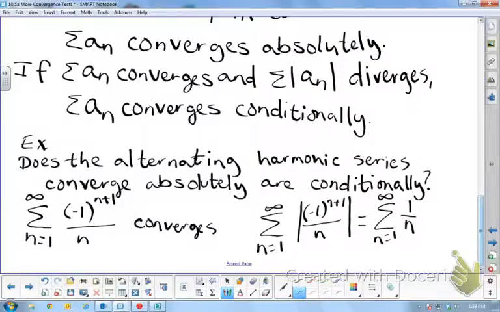And what do we know about 1 over n? It diverges because it's the harmonic series. So do we say this converges absolutely, or do we say this converges conditionally? Conditionally. This would converge conditionally.